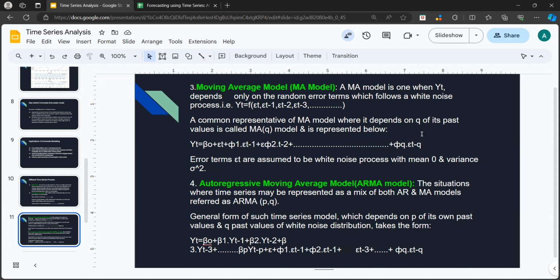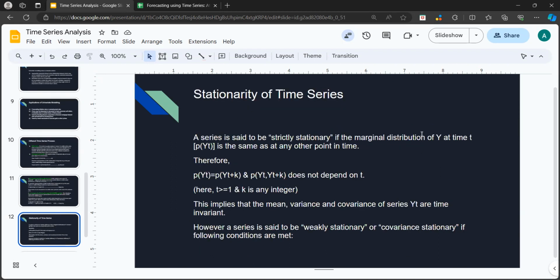We have written the AR(p) process, now we will write the MA(q) process: epsilon_t plus phi 1 epsilon_{t-1}, phi 2 epsilon_{t-2}, phi 3 epsilon_{t-3}, and go on up to phi q epsilon_{t-q}. You can watch the videos for more understanding; we are just giving a small introduction.